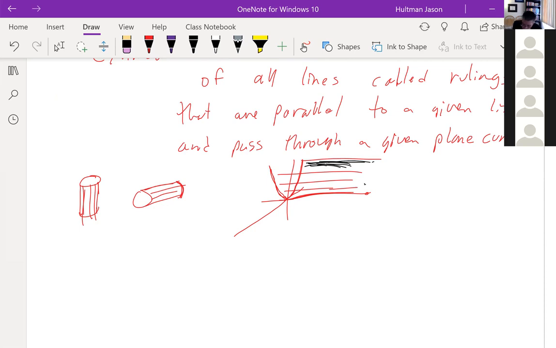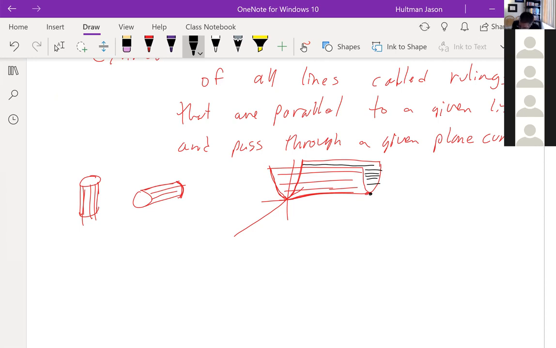Let me redo that. These are all the rulings inside, all parallel.